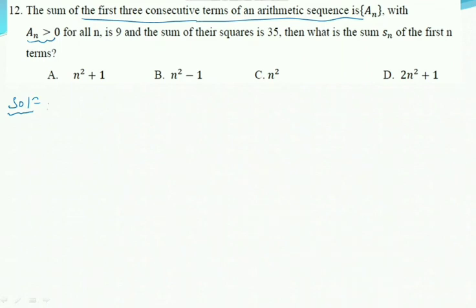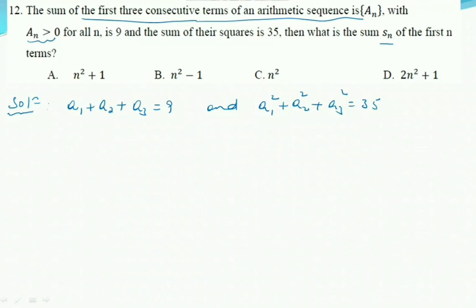The other given information is that the sum of their squares is 35. So what is the sum S_n in terms of n?